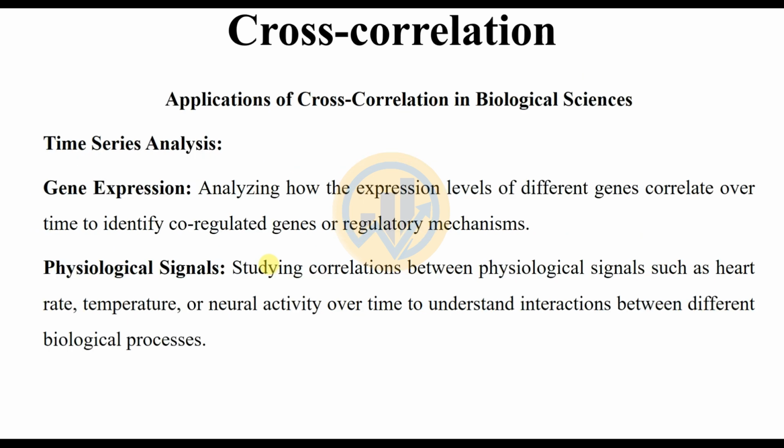So, the applications of cross correlation in biological science. The first one is time series analysis of gene expression: analyzing how the expression levels of different genes correlate over time to identify co-regulated genes or regulatory mechanisms.